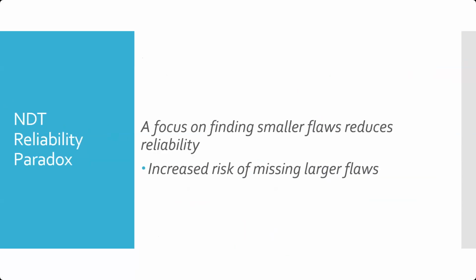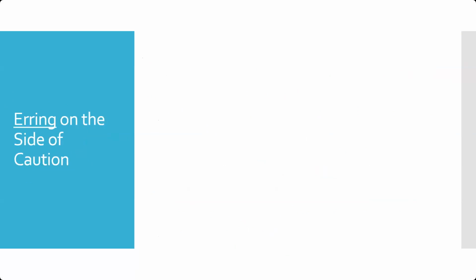So there's an NDT reliability paradox that comes from all this. And that is that a focus on finding smaller flaws has, in many cases, reduced reliability and increased the risk of missing those larger flaws, if people are too focused on the small details.